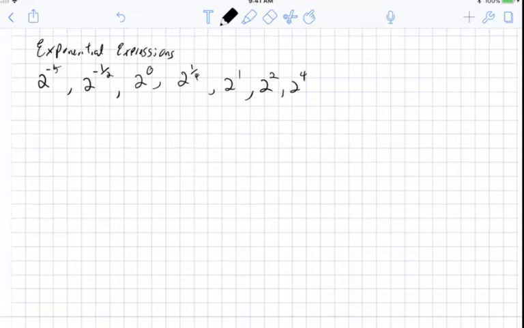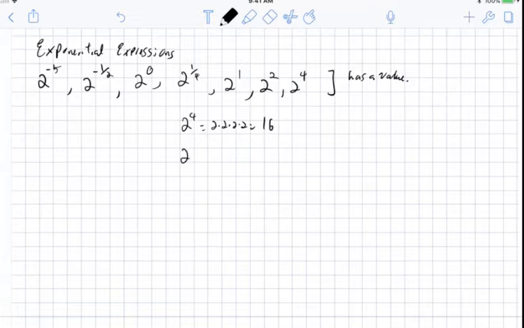Those things, right? And each of these has a value. So, 2 to the 4 is equal to 2 times 2 times 2 times 2. I taught you how to punch it into your calculator. That should equal 16.